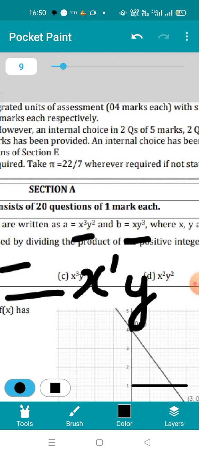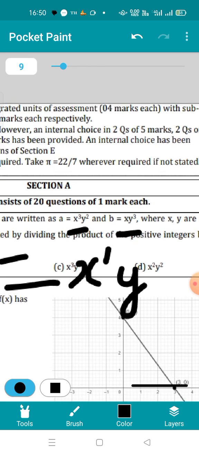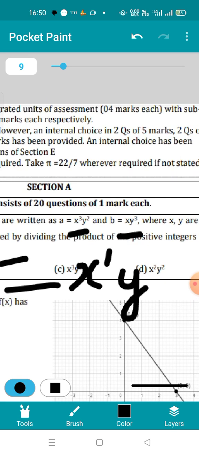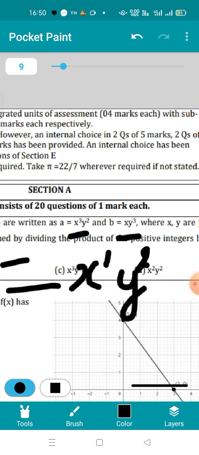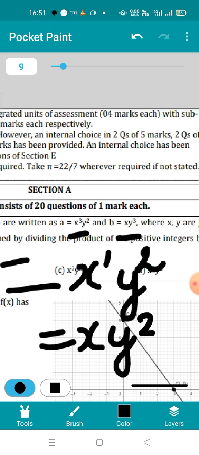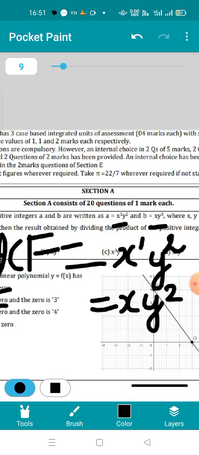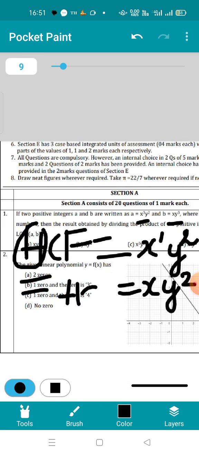Now if you look at the powers of y in a and b, the power of y in a is 2 and the power of y in b is 3. So we have to choose the lowest power. The lowest of 2 and 3 is 2. So x power 1 can be written as x, and y square. So the HCF of the two given positive integers is xy square.